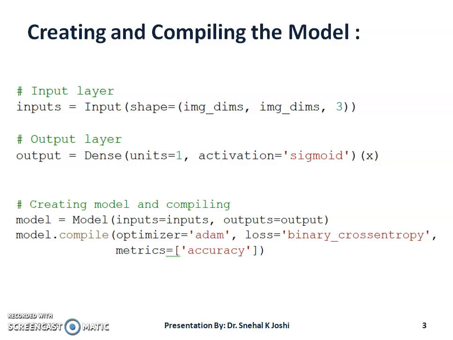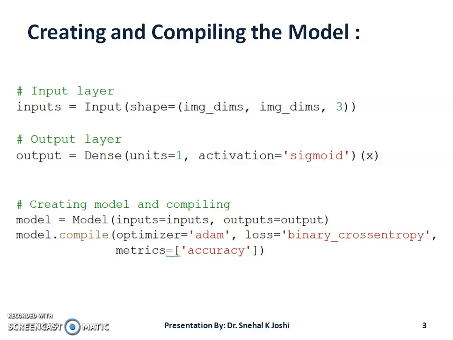The full form of Adam is adaptive moment estimation. It works with momentums of first and second order. Adam is a replacement optimization algorithm for stochastic gradient descent for training deep learning models.